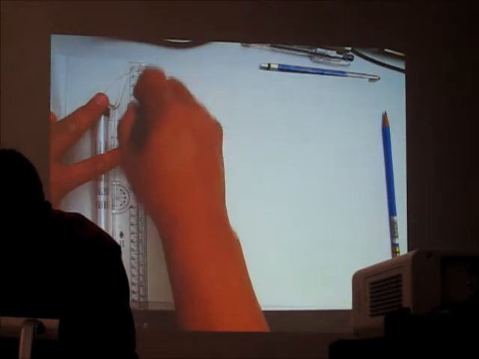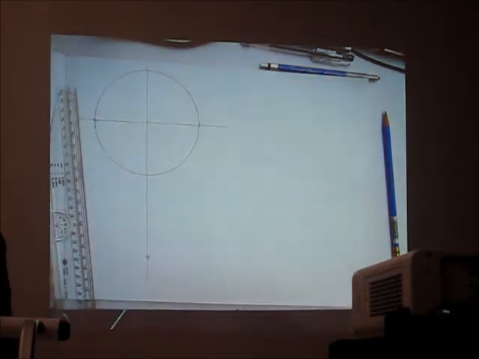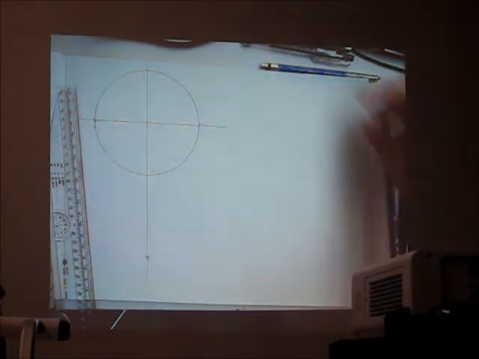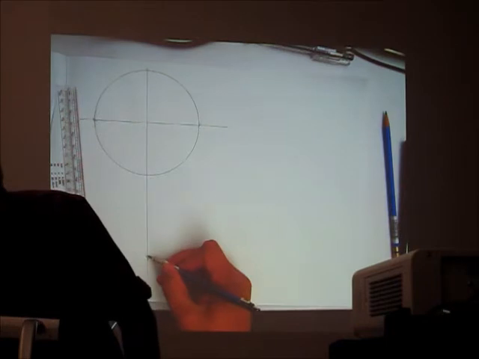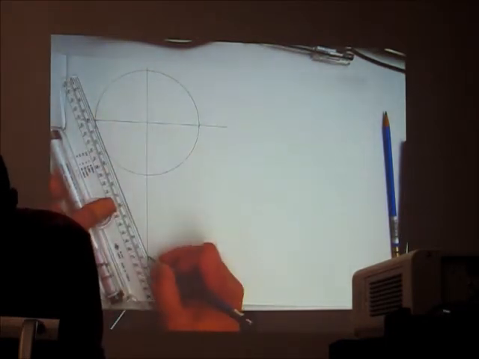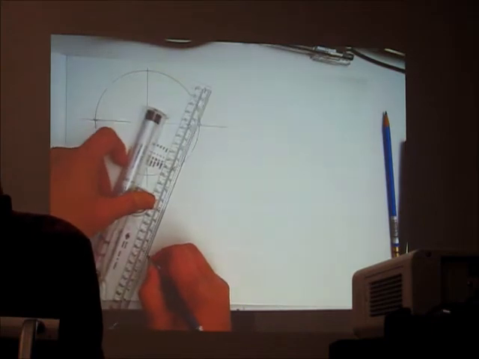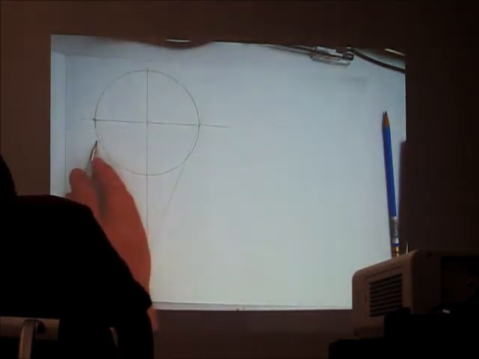Because, let's say we have a viewer here. Everyone watch this because you're going to get lost if you look down here. So just watch for a second. Here's my viewer. If I look at these lines, do you see that they cut inside the circle?